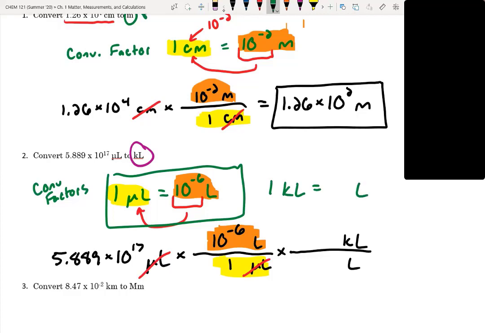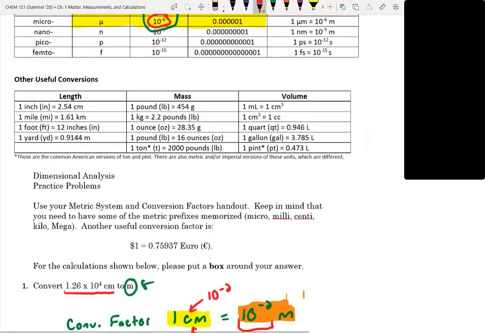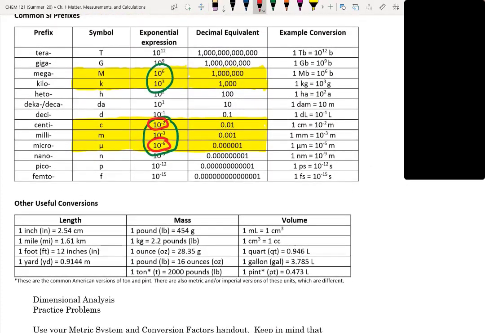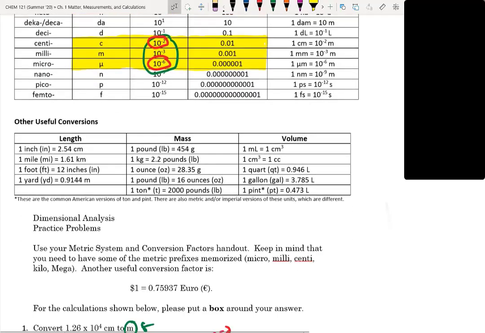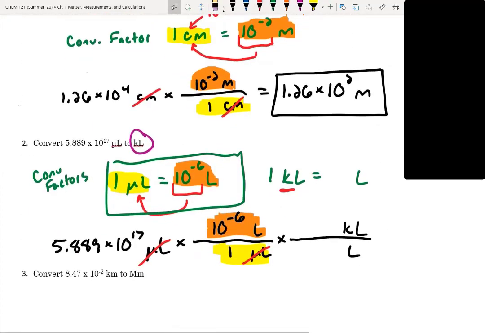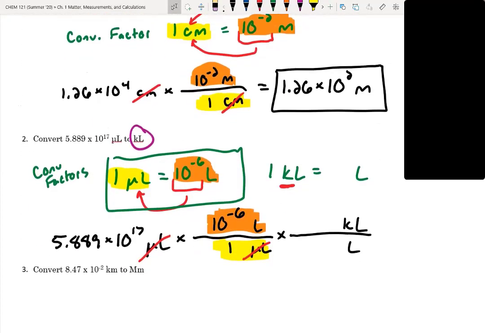If we go ahead and look for what this kilo unit stands for, we can go back up to our chart and say, well, kilo is 10 to the 3rd. So I'm going to go ahead and put that in down here. And we could say this is 10 to the 3rd liters, because this is basically just interchangeable for that prefix.